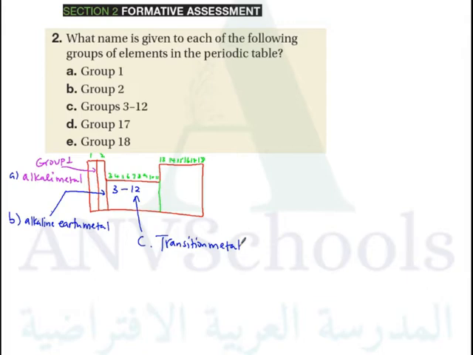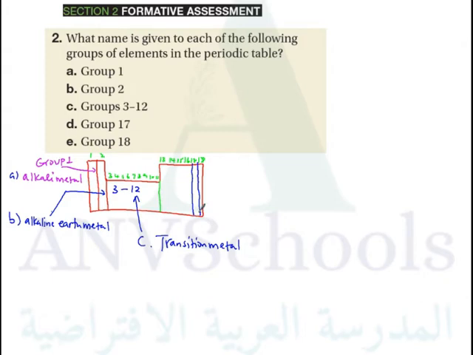Then group 17. Group 17 will need one more electron to become 18. It is just the neighbor of group 18.